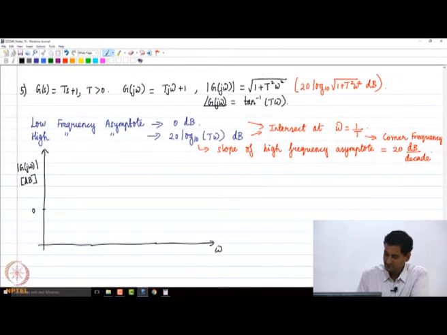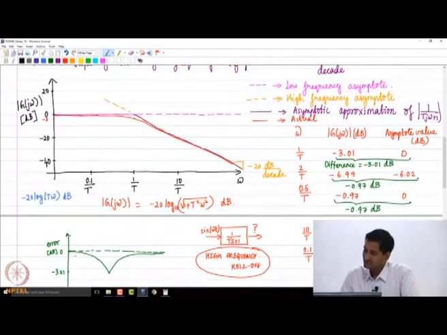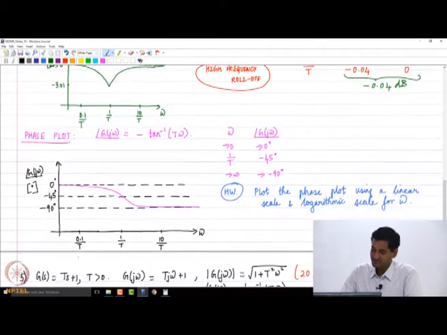Let us say if this is 0, this is 20. Let us say this is 1 by capital T, 10 by capital T and 0.1 by capital T. Let me use the same colors as before so that we are consistent. I used pink for low frequency, yellow for high frequency and maroon.